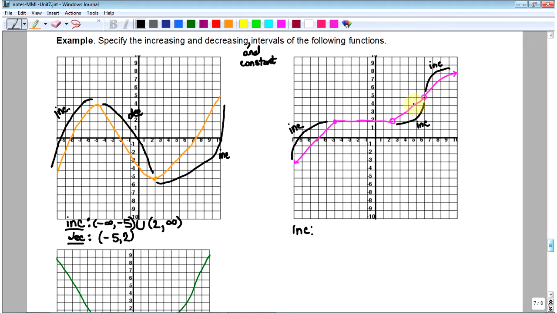Okay, so this function is increasing using our x's from negative infinity until I get to an x value of -5.